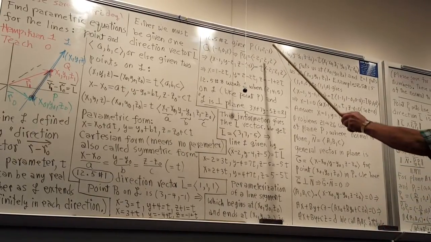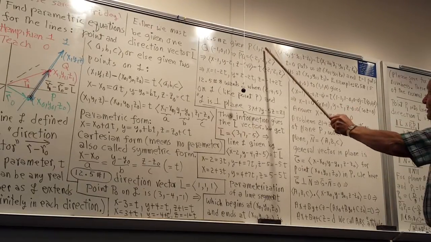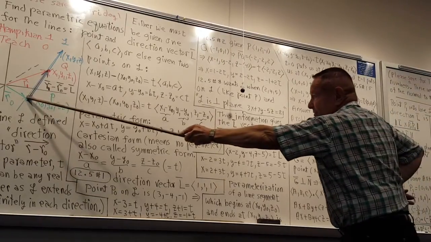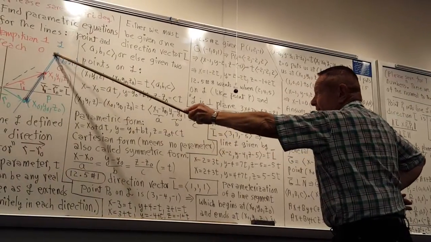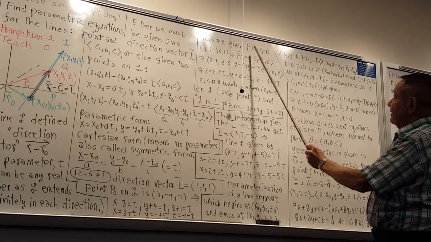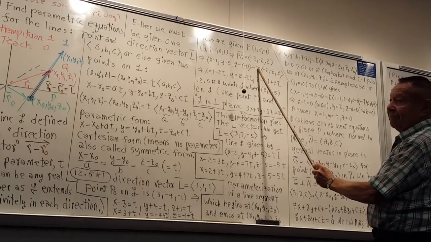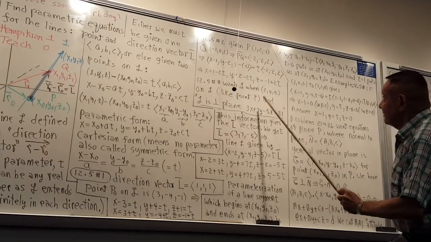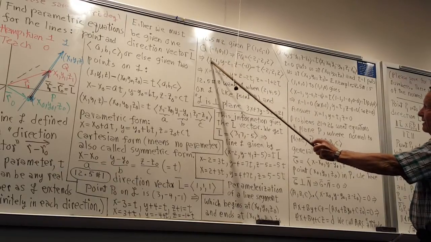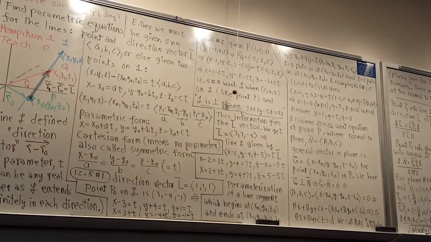And then you can use either one of these points. And so using this one, then my blue vector, say from here to some x, y, z, would be x minus this, y minus that one, z minus that one, and that's equal to your parameter t times this direction vector. And then match up the components and solve for x, y, z.